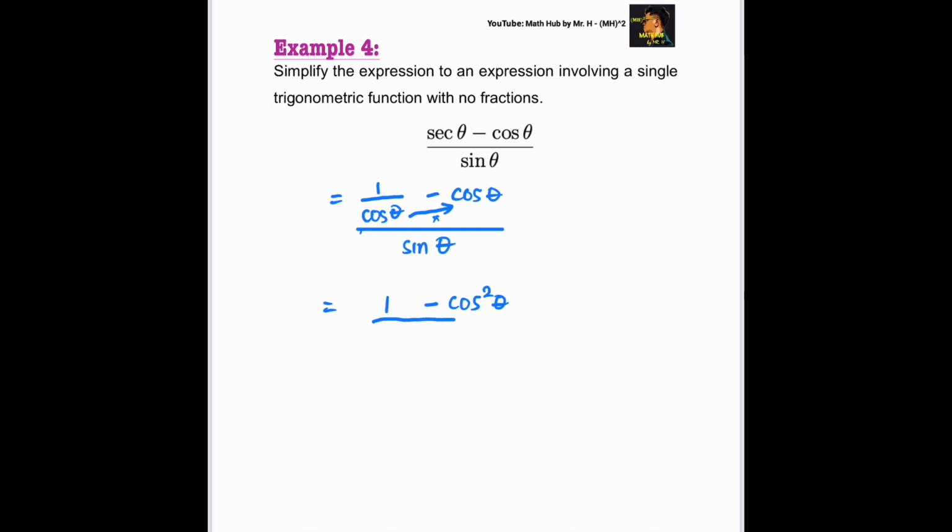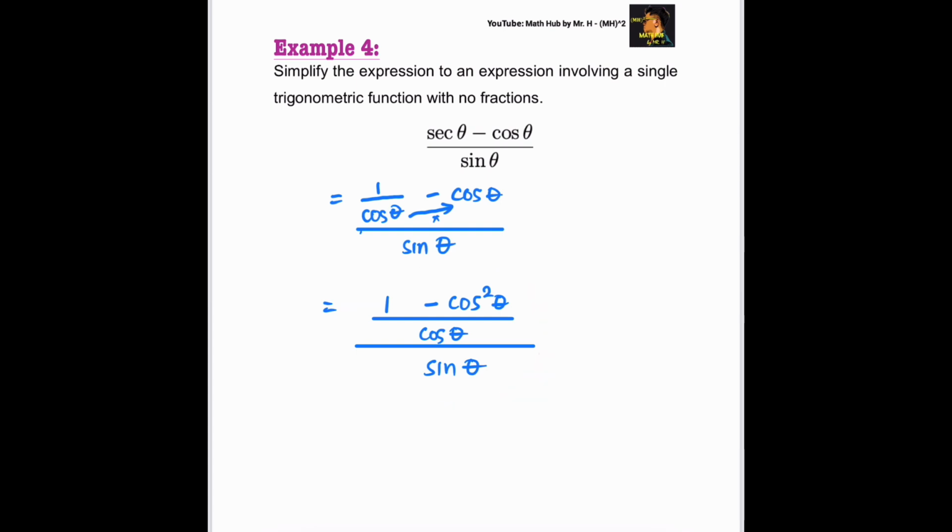But don't forget the denominator, cosine theta. So that is the denominator for the fraction in the numerator. So do not forget to copy the original denominator, which was sine theta.